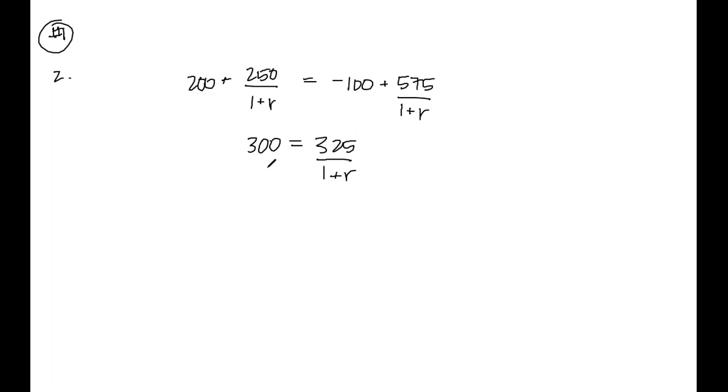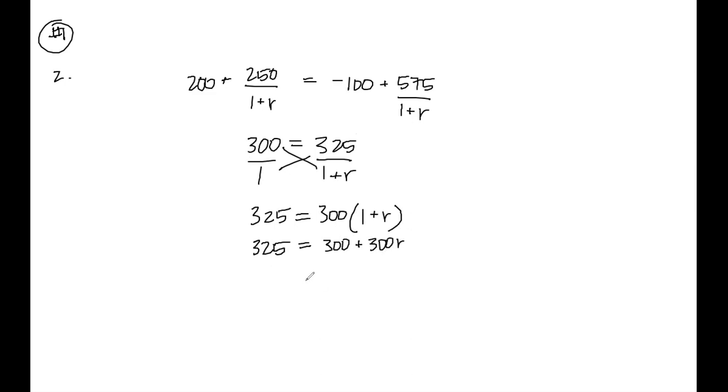And then what I like doing to solve for this is cross multiplying. So I put it as 300 over 1. So these 2 get multiplied, so that gives us 325 on the left. And then these 2 get multiplied, so we get 300 times 1 plus R on the right. And then I'll distribute this out to get 300 plus 300R.